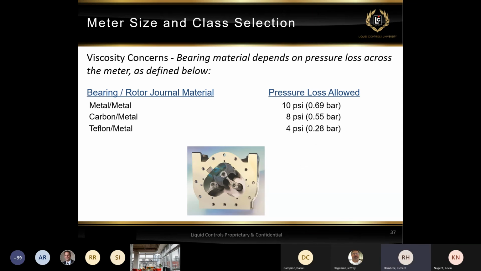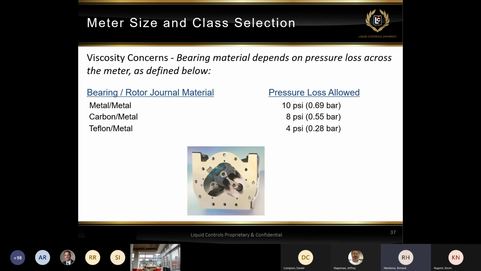And the concern with viscosity is the pressure loss across the meter. The bearing material depends on the pressure loss across the meter. Metal to metal in the class 1 meters allows a pressure loss of 10 psi. Carbon metal in the class 10 and class 16 meters is 8 psi loss.